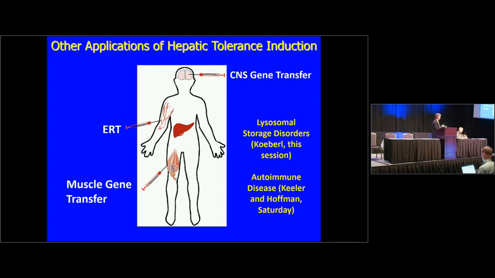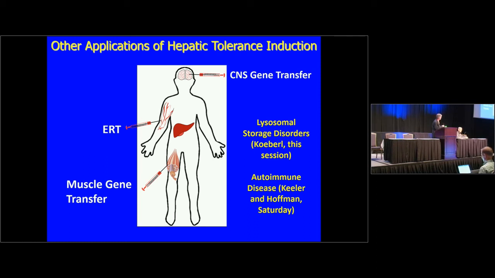Now, this approach is useful not only for a variety of diseases, such as I told you about hemophilia, but also other genetic diseases such as the lysosomal storage disorders. And actually, Dwight Koeberl, I want to refer you to his talk.